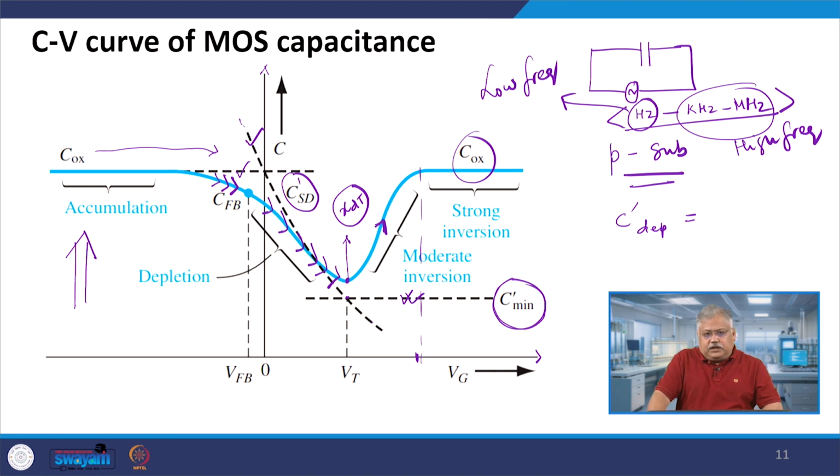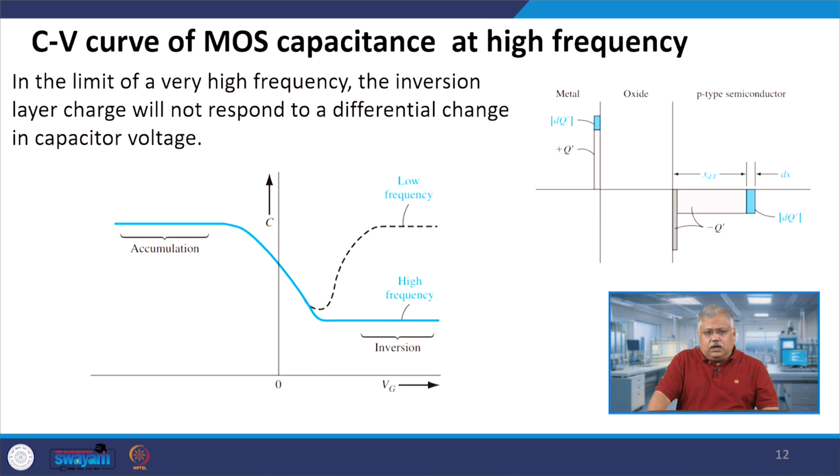And so with this knowledge which you have gained till now, let us look at the CV characteristics at high frequency and at low frequency. Now what is the meaning of frequency here? The frequency is the input gate frequency.